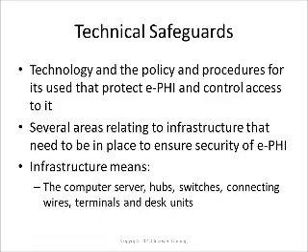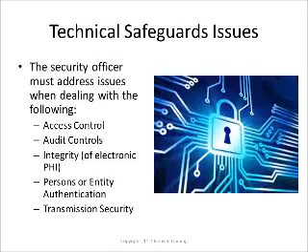And there are several technological safeguard issues that the security officer must address. That includes access controls, audit controls, integrity of electronic protected health information, person or entity authentication, and then transmission security. So let's first talk about access controls.